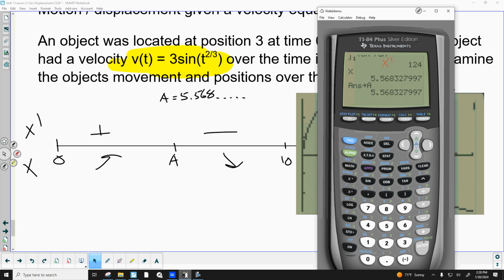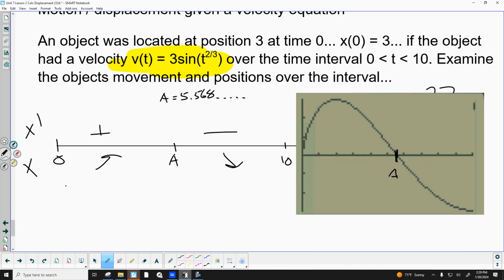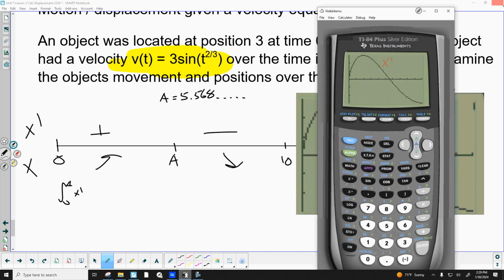Now there's two things you can do, but trust me, the latter thing I'm about to do will be easier to use. That's what I do on your homework. You could either find your accumulations in your graph screen by doing second calc.